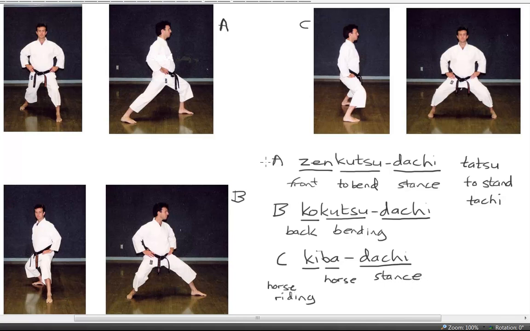Okay, so we've got stance A, this one here is the front stance, zenkutsu-dachi. Stance B is the back stance, kokutsu-dachi. And then stance C over here is the horse stance, kiba-dachi.